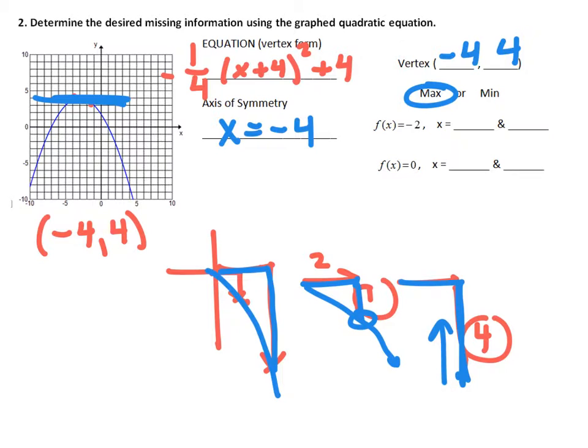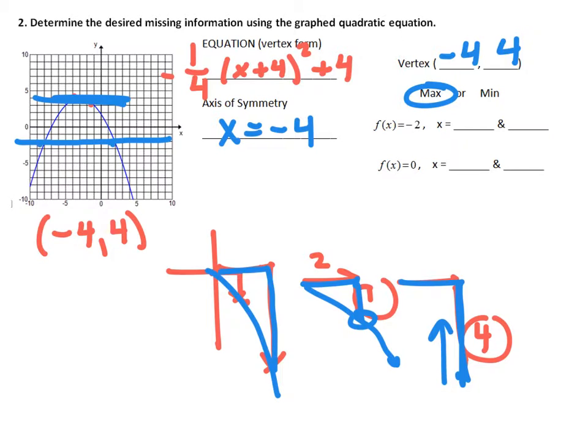Let's see, at -2, I've made too much of a mess to be able to see what it is at -2. It looks like it is at 1, 2, 3, 4. I see.